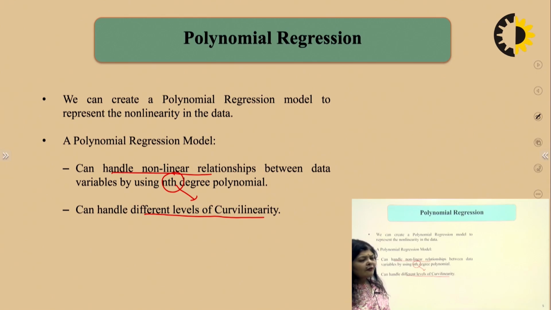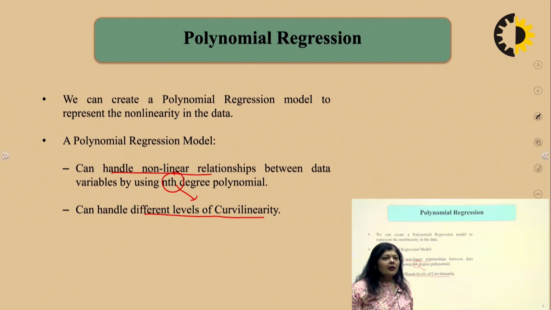So if I visualize or plot my data and I can see that it is not linear, then what I can see next is whether it is following a quadratic spread or a cubic spread.